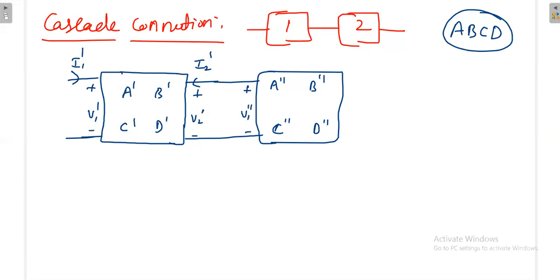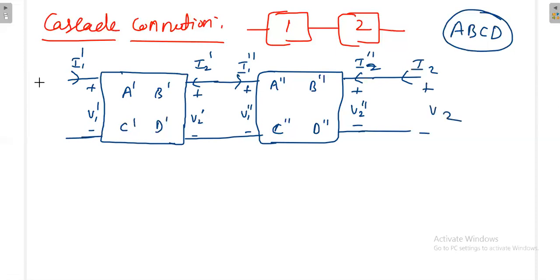This is I1 double dash, and this is I2 double dash, plus minus V2 double dash, which is the same as I2 and V2. Again, this you can extend, and this is plus minus V1, and this is I1.